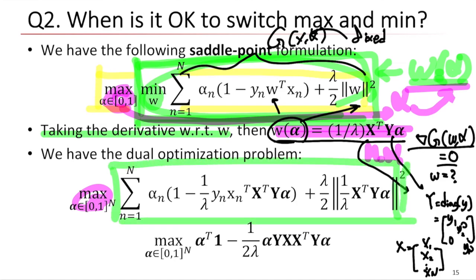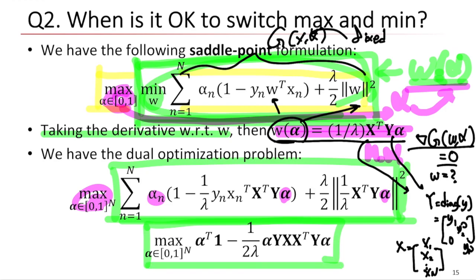Interestingly, there is no w anymore, and this loss function is only defined with respect to the alpha, right here, right? So it means that we can just solve this one in terms of alpha.